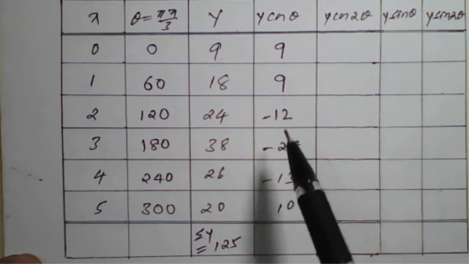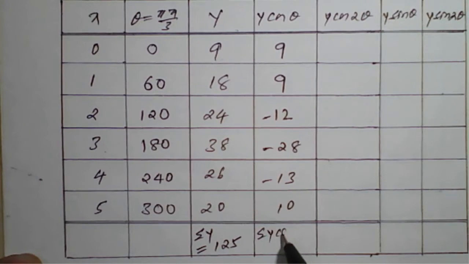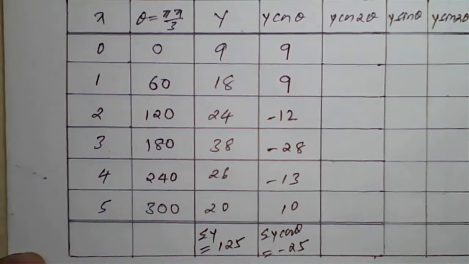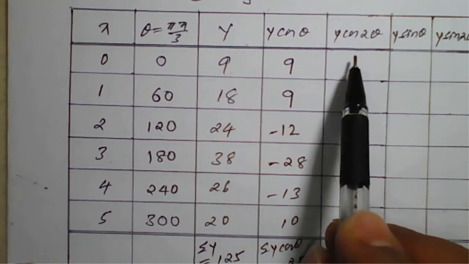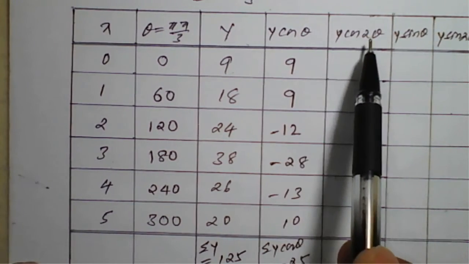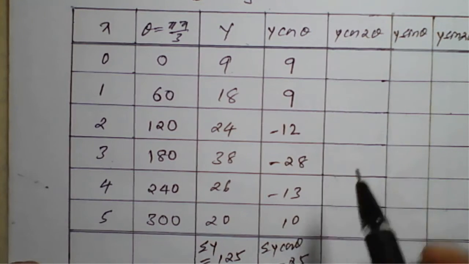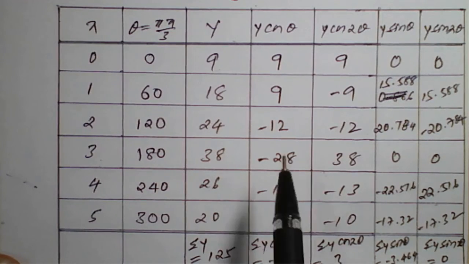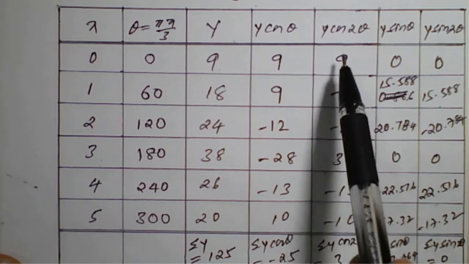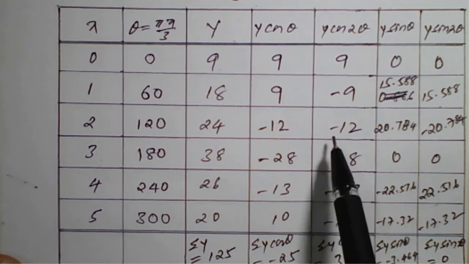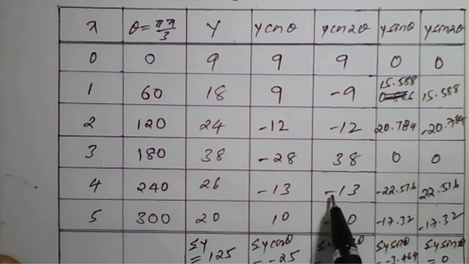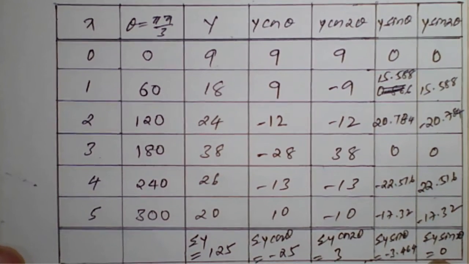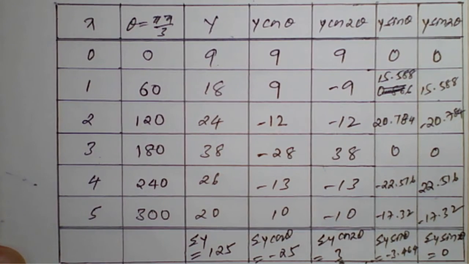The summation of y cos theta will be minus 25. Similarly, if you prepare y cos 2 theta, the values are 9, minus 9, minus 12, 38, minus 13, minus 10, and the summation of y cos 2 theta is 3.